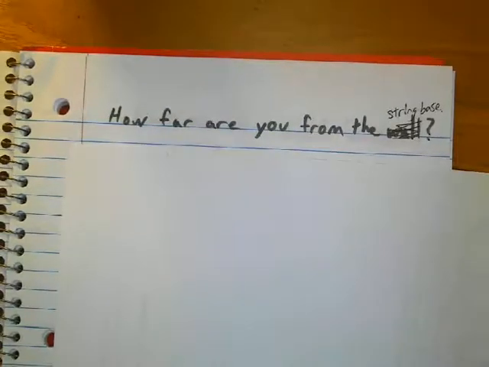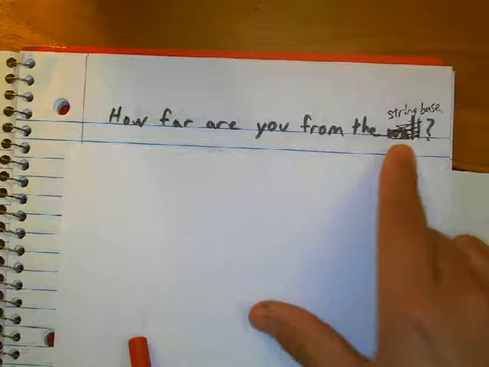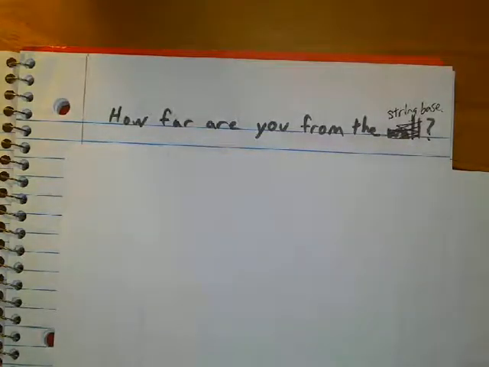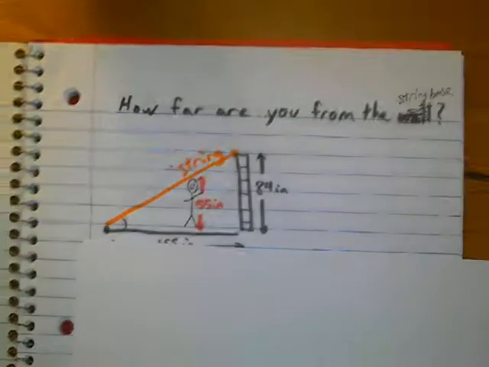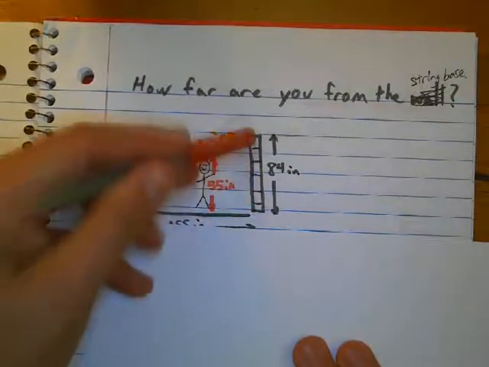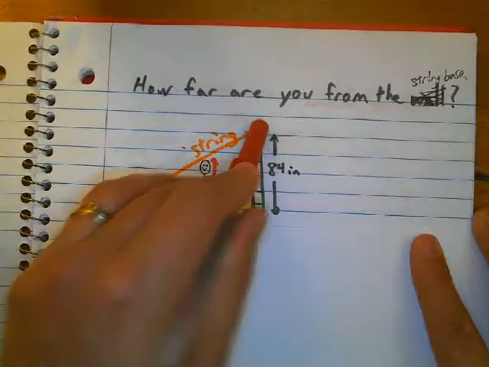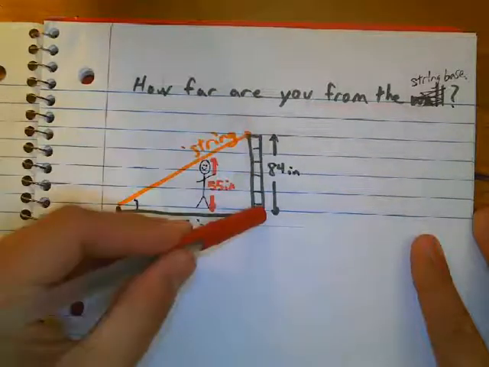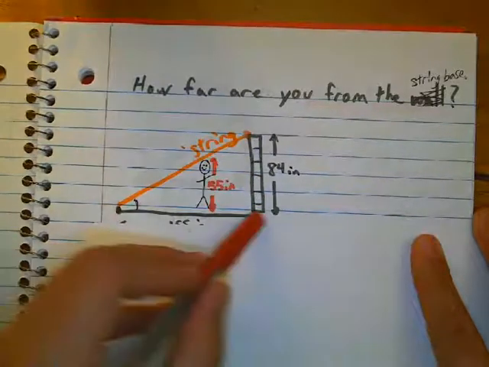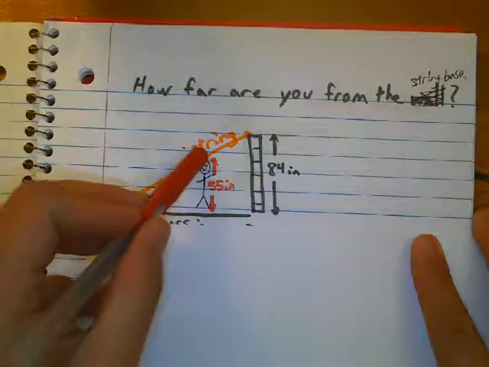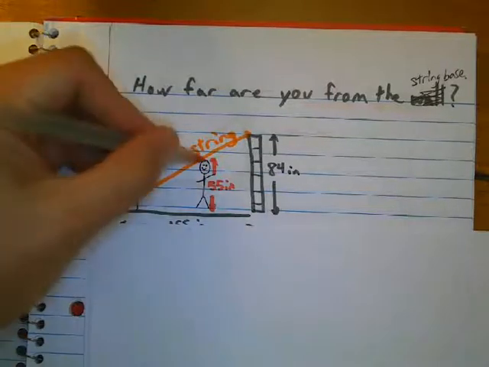Okay. So the first question we did in today's activity was how far are you from the string base? Okay, so here we have a person, and you've got this wall, and you've got this base right here, and you've got a string that's attached to the wall. So you've got this fixed triangle, and you're moving forward until the top of your head touches the string, okay?